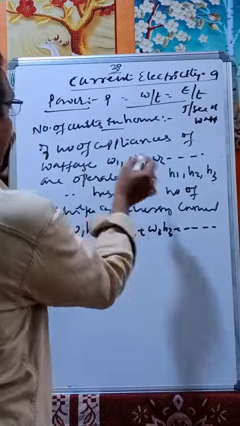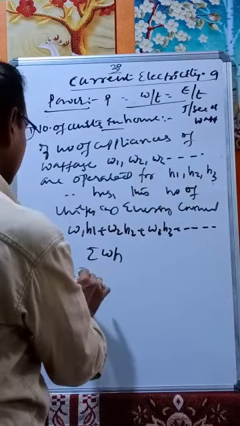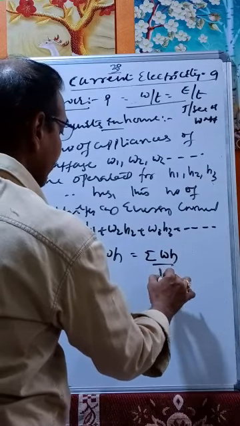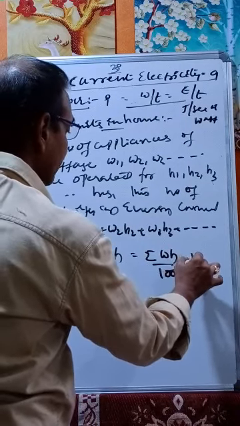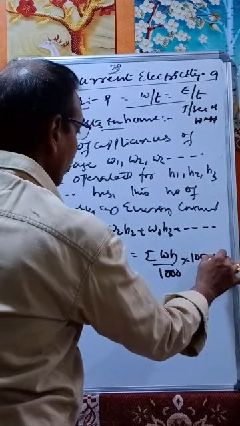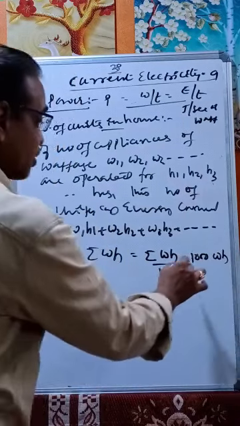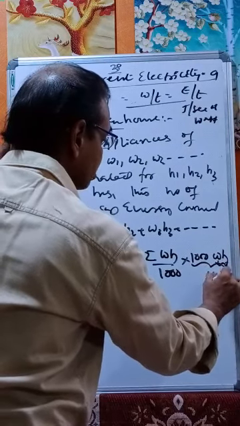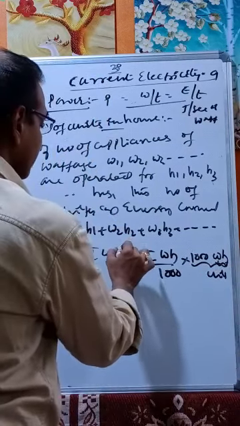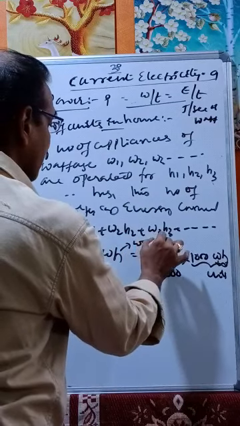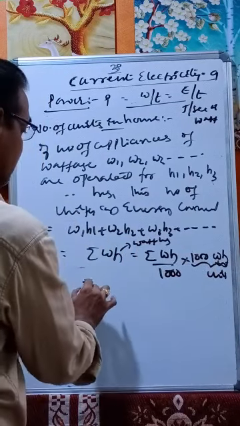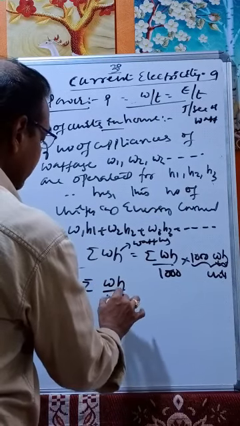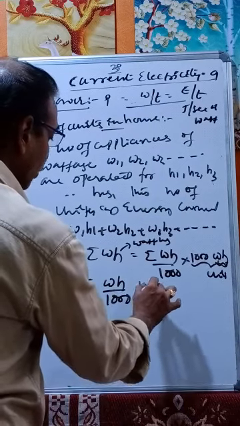Now, I said 1 unit is equal to a kilowatt hour. So this can be taken as sigma over WH by 1000, since 1000 watt hours is the unit. This becomes sigma over WH by 1000 kilowatt hour.